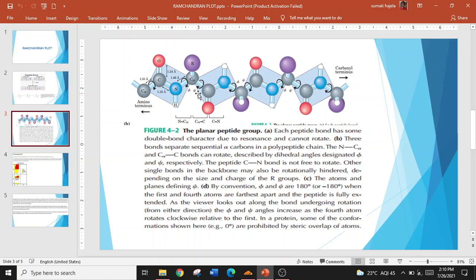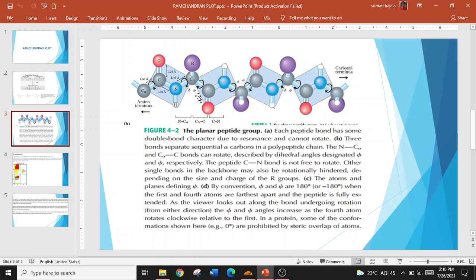Allowed values for phi and psi can be shown graphically by simply plotting phi versus psi, an arrangement known as the Ramachandran plot.